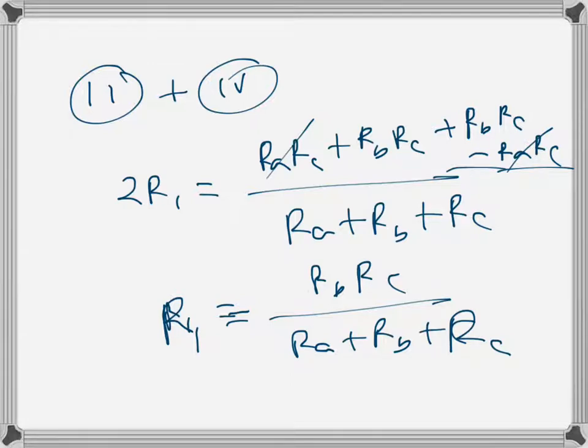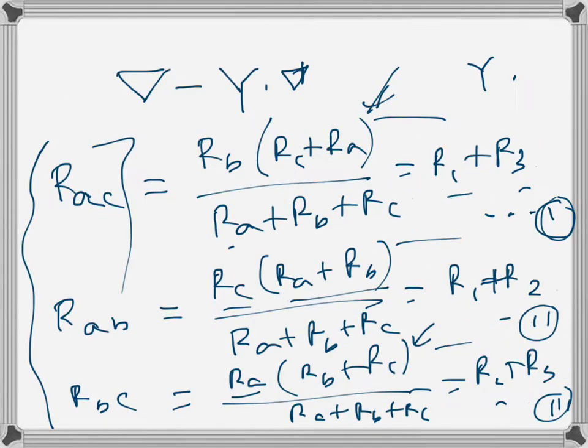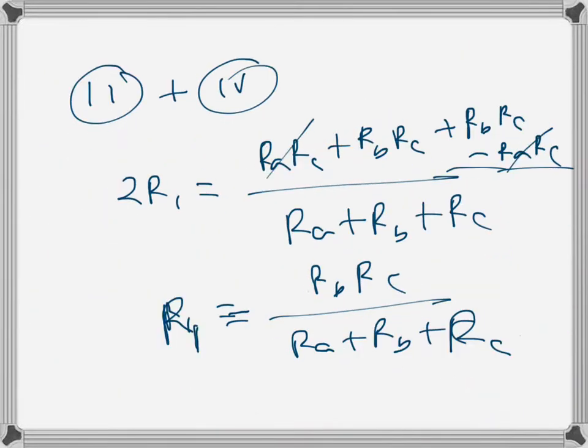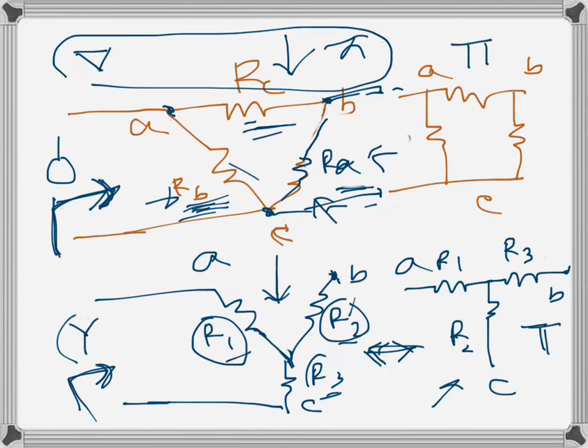I won't go into finding the other two because we will see that there is a symmetry. I will redraw them here, or maybe I will just go back to the original picture.